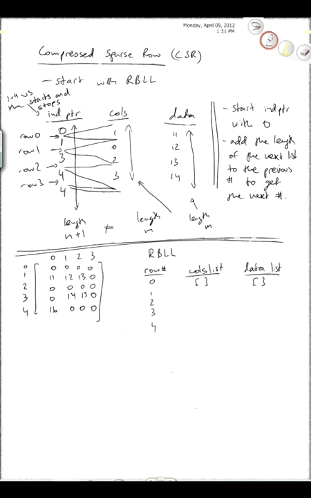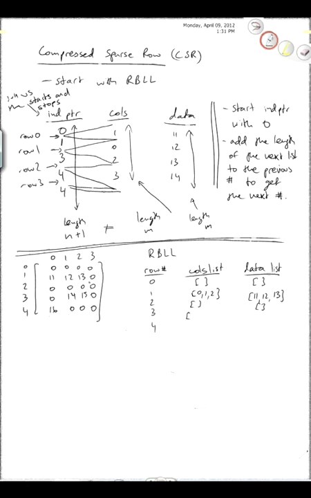So let's do row 1. Row 1's columns list is going to be 0, 1, and 2, because those are the columns that have non-zero entries, and the data list is going to be 11, 12, and 13. For row 2, it's going to be a couple of empties again, because there are no entries in there.